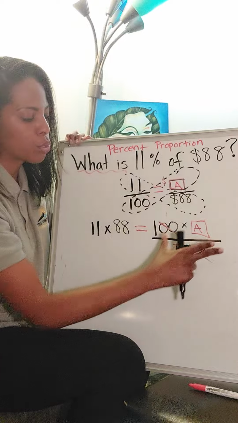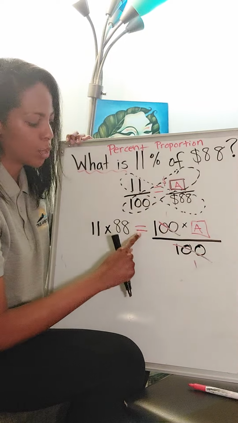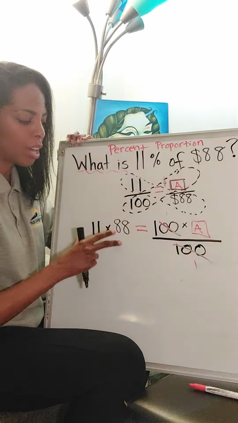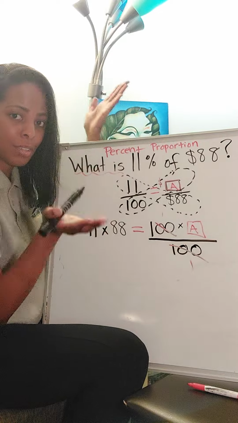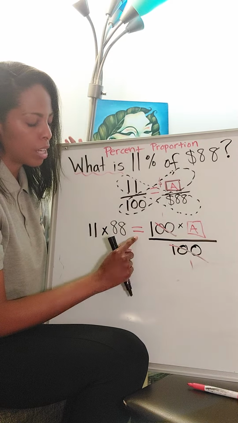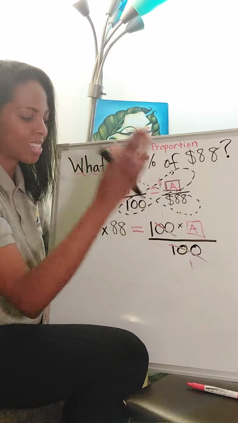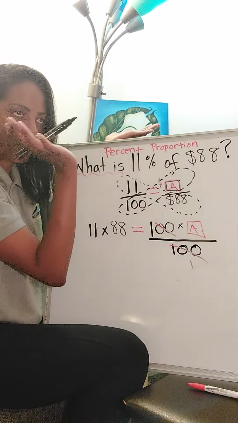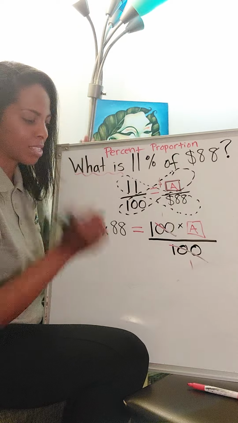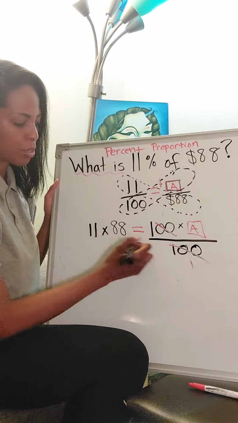And whatever you do to the right side or any side of an equation, you have to do to the other side because it's a balance, okay? This equal sign really means the same as. So to make it the same as, or like to level out or balance a scale, you have to do the same thing to the other side.